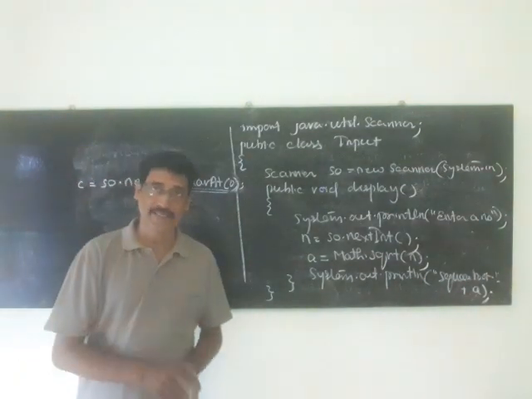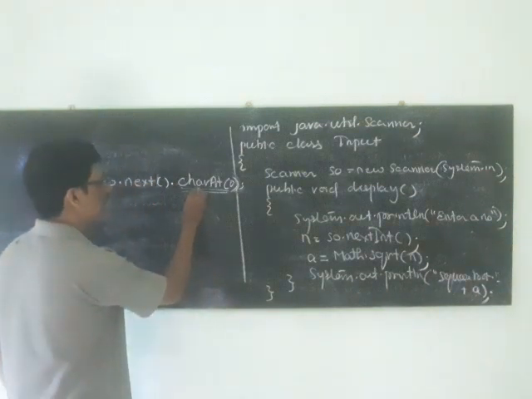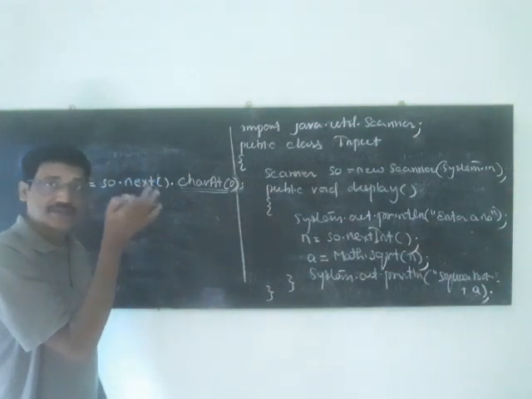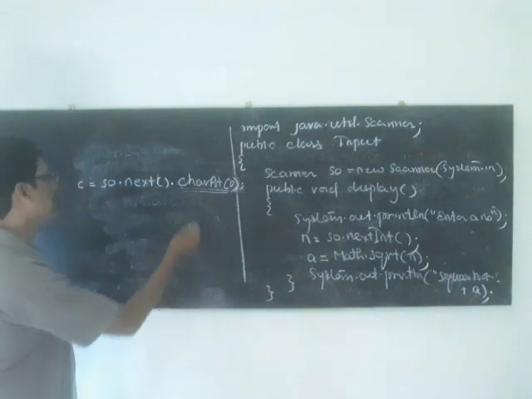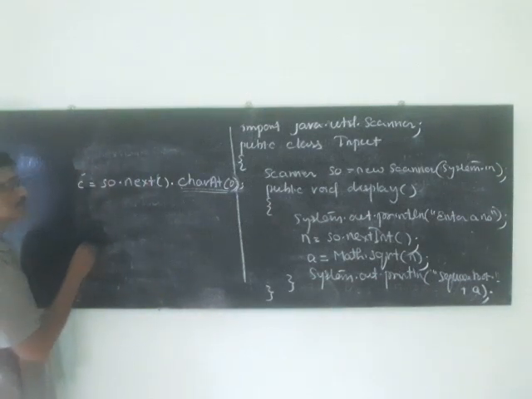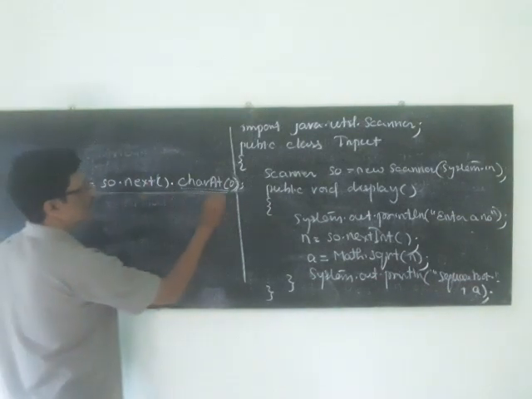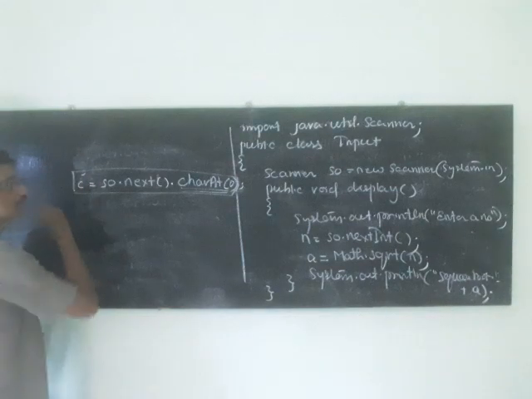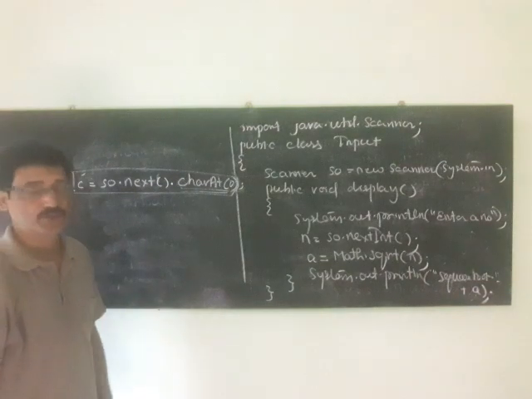So using the charAt function, you can select the character and store it in the variable c. So this is the statement used to input a character from the keyboard: c is equal to so dot next dot charAt(0).